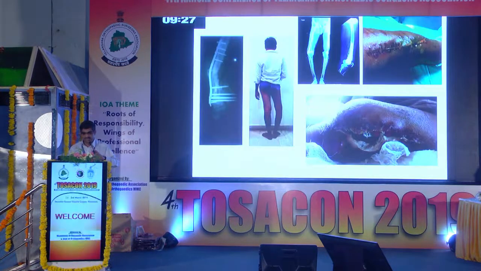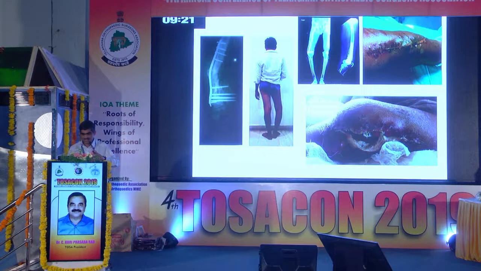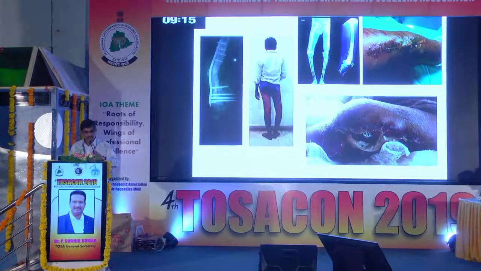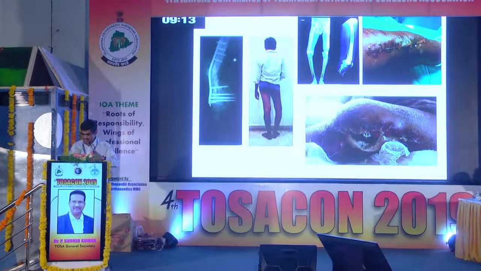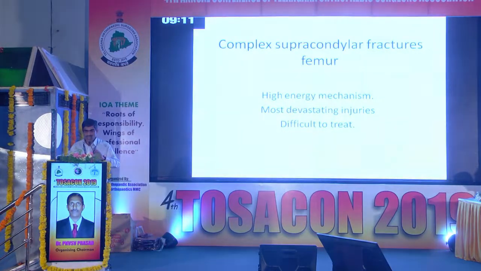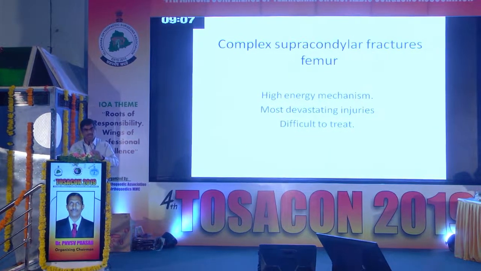And if you see these complications, all with internal fixations, axis malalignments, infections, then in this scenario, what should be our treatment of choice in these complicated cases? And what are these fractures actually? These are high energy injuries and the most devastating injuries, and really they are difficult to treat.